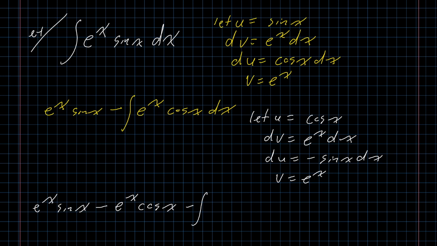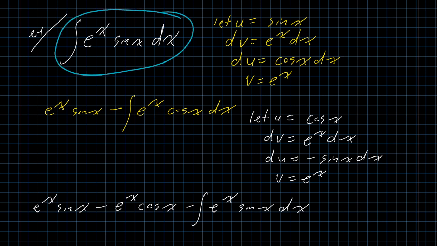And it's going to be e to the x sine x dx. No, that can't be right. I started off with the integral e to the x sine x. I got a mess minus that same integral we started with.